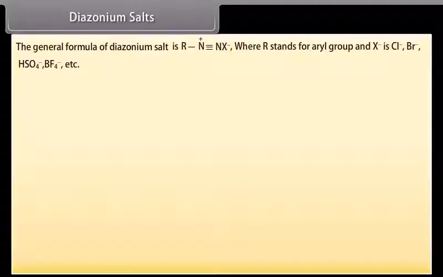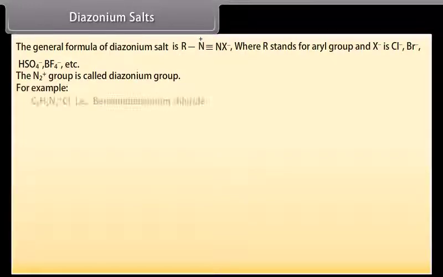Diazonium salts. The general formula of diazonium salt is RN2+ X−, where R stands for aryl group and X− is chloride ion, bromide ion, hydrogen sulfate ion, or tetrafluoroborate ion. The N2+ group is called diazonium group.